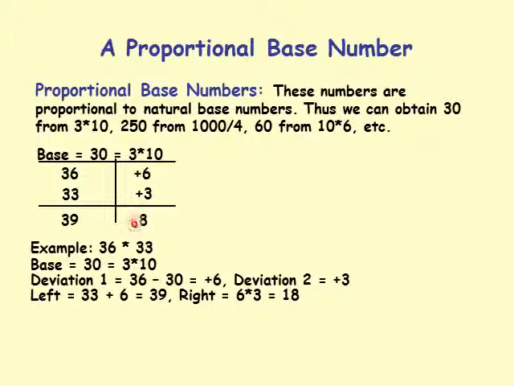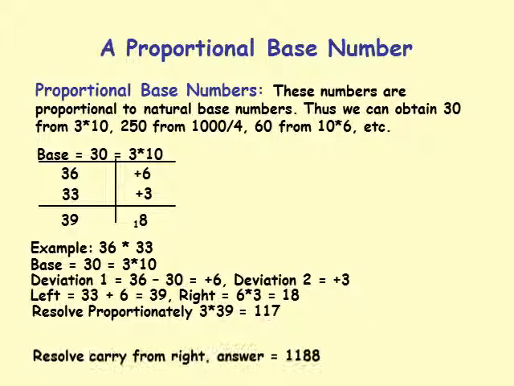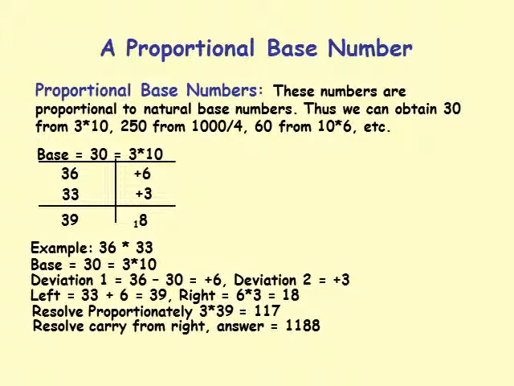So 1 is a carry, and the carry gets carried to the left. The answer on the left is 3 times 39, so we have to resolve proportionality first. 3 times 39 is 117. Then we use the carry here. We need to resolve proportionality first before we resolve the carry. So 117 on the left plus 1 more is 118, and then 8 on the right: 1188. Okay, let's continue here.